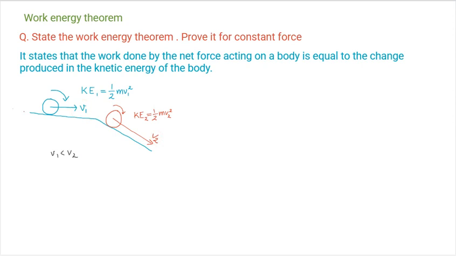So there are two cases. One, when the body is rolling along this first slope. The second case, when the body is rolling along this downward slope. This is your case 1. This is your case 2. In case 2, what will be the kinetic energy of the body?